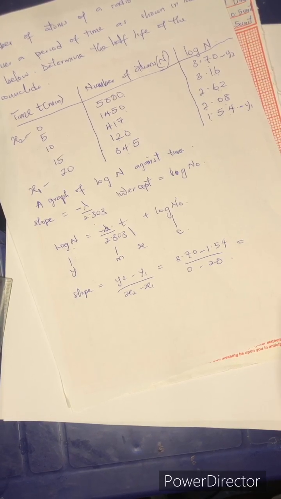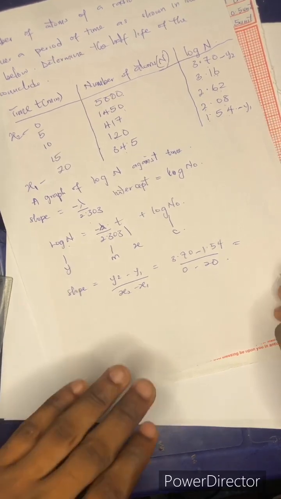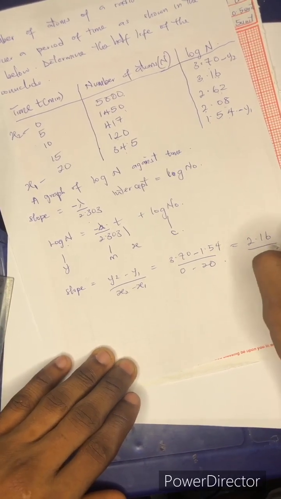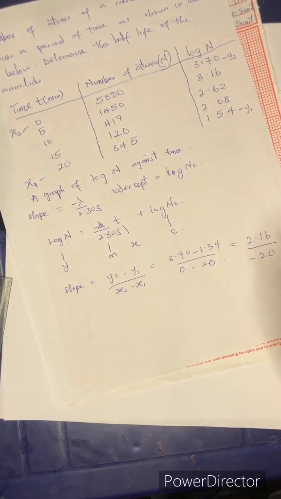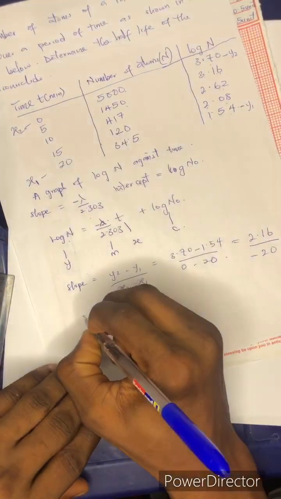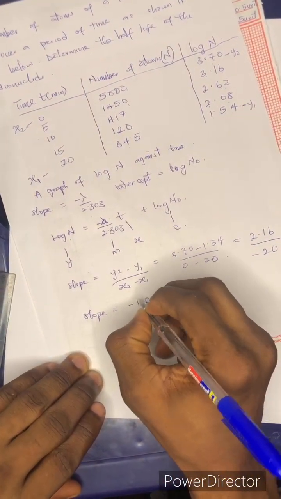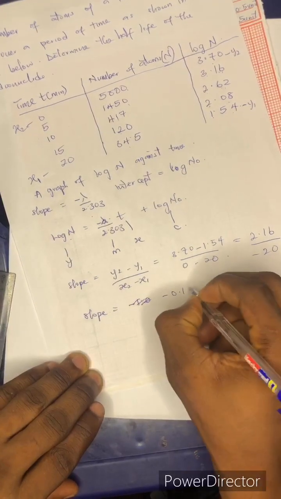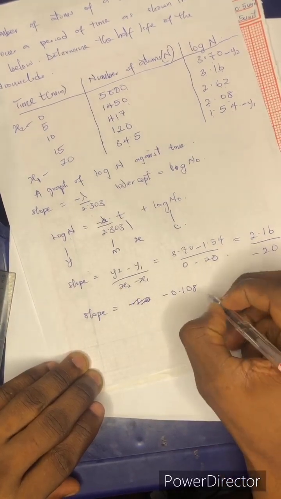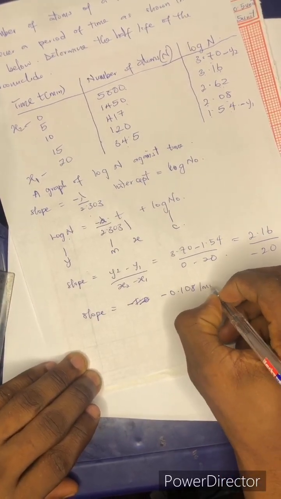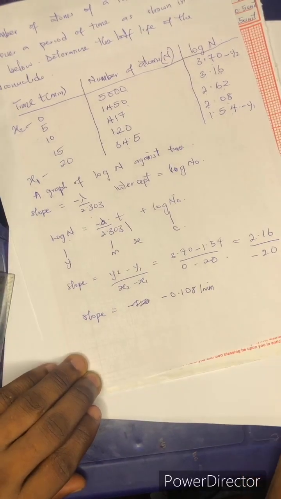So 3.70 minus 1.54 is 2.16, divided by minus 20. So slope is equal to minus 0.108. That's our slope, and that is in per minute.